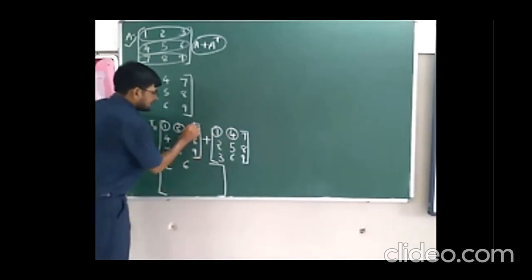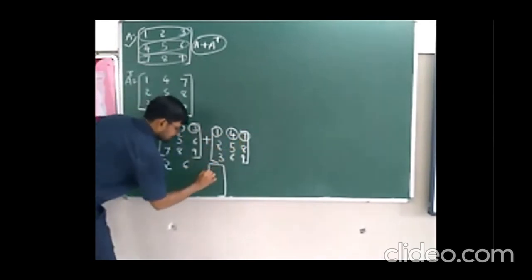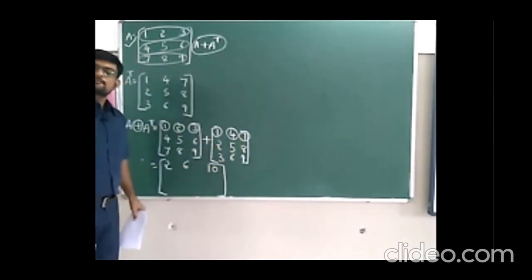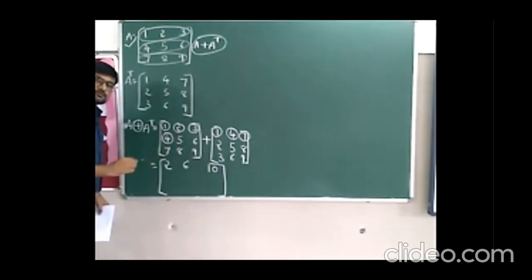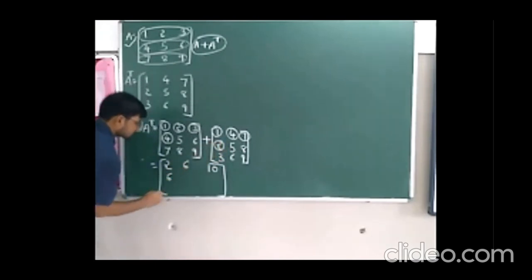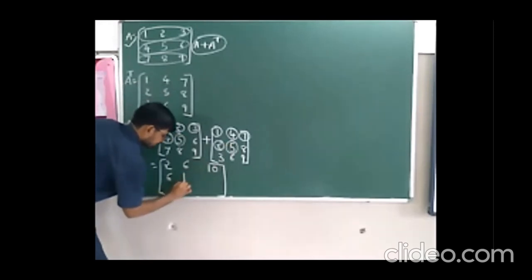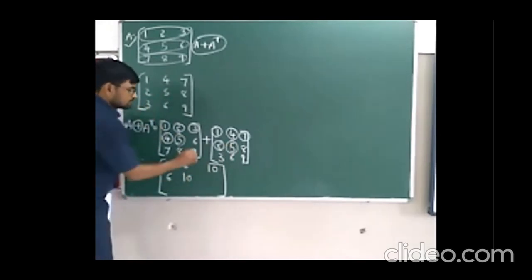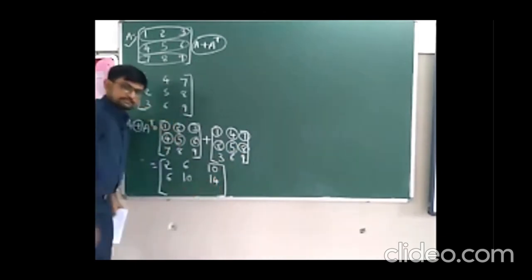Then third element with third element: 3 plus 7 is 10. This is the addition of the first row. Again, for the second row, first element plus first element is 6, second plus second is 10, third plus third is 14.